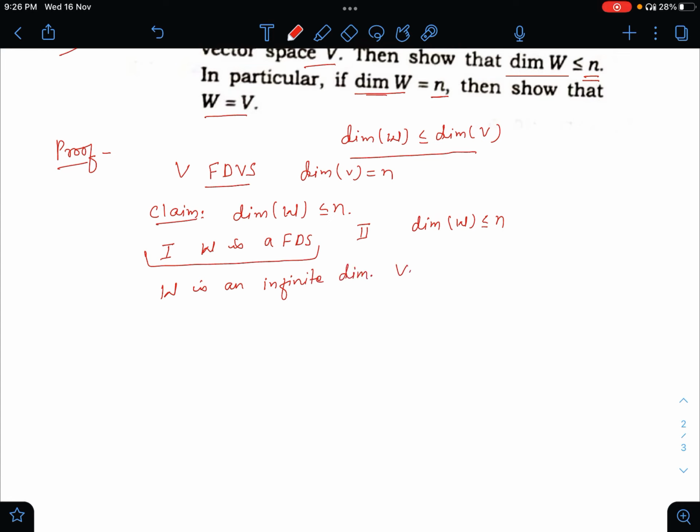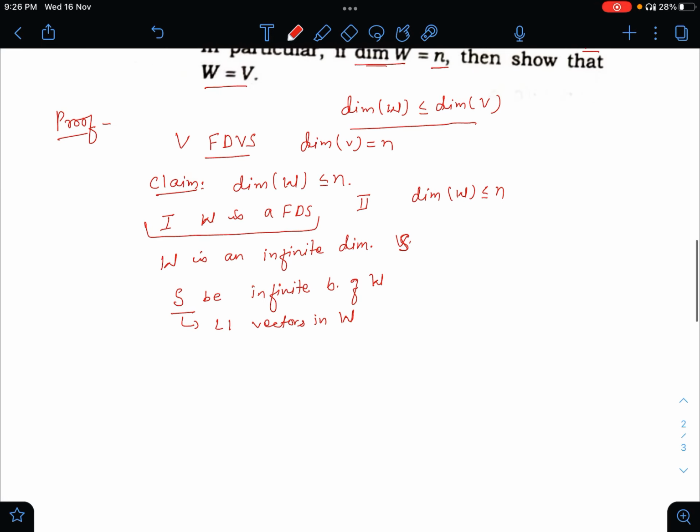Infinite dimensional subspace. Every vector space or subspace has a basis. That means let S be an infinite basis of W. That means S has an infinite number of linearly independent vectors in W. So these infinite linearly independent vectors will be linearly independent in V also.